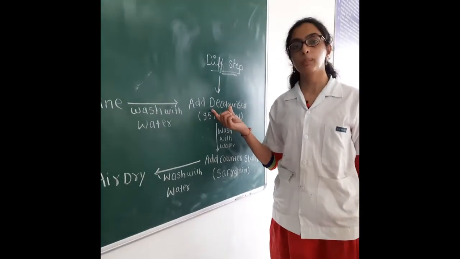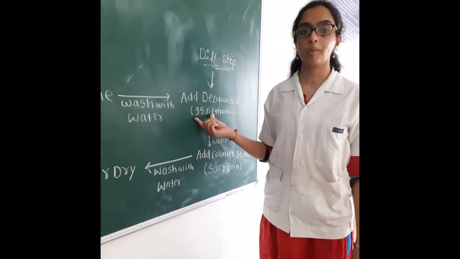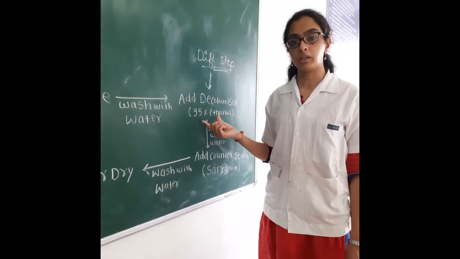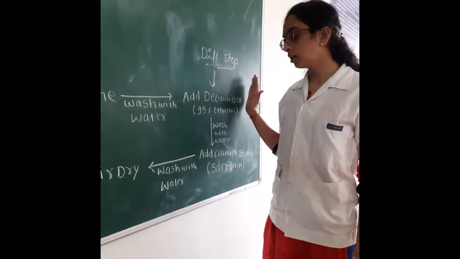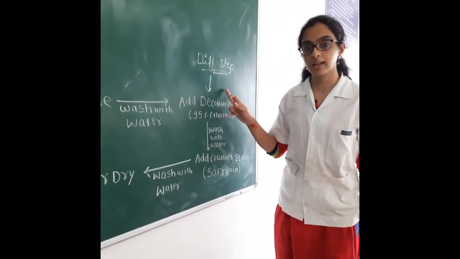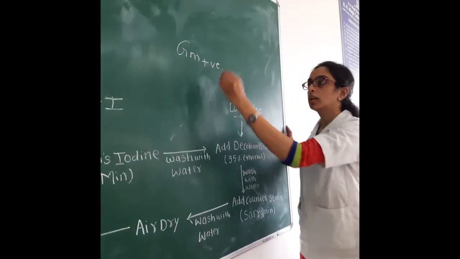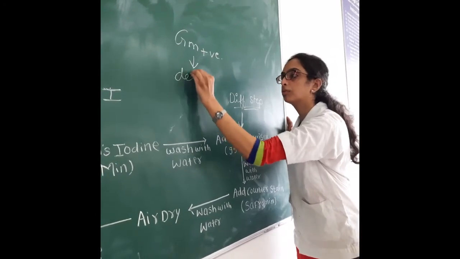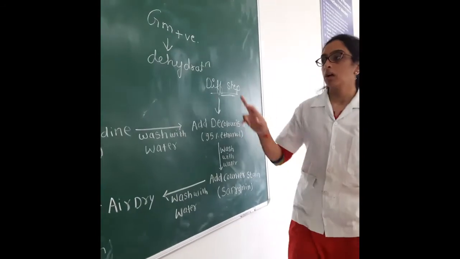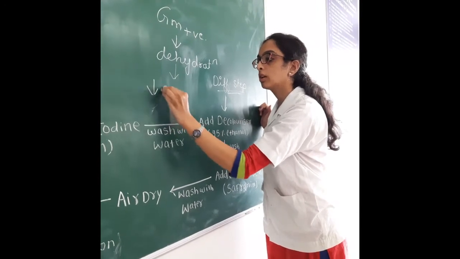So this step should be performed very properly, and if decolorization is not done properly, then it will cause errors while determining the bacteria. So after the decolorizer is added, two things take place, as I have already explained. In gram positive bacteria, it causes the dehydration of the cell wall, and after dehydration, the permeability of the cell wall decreases.